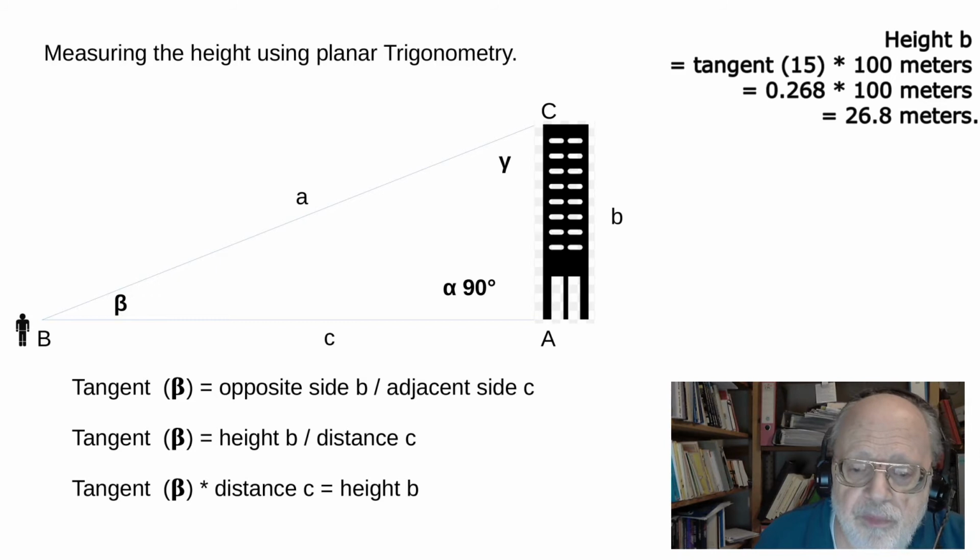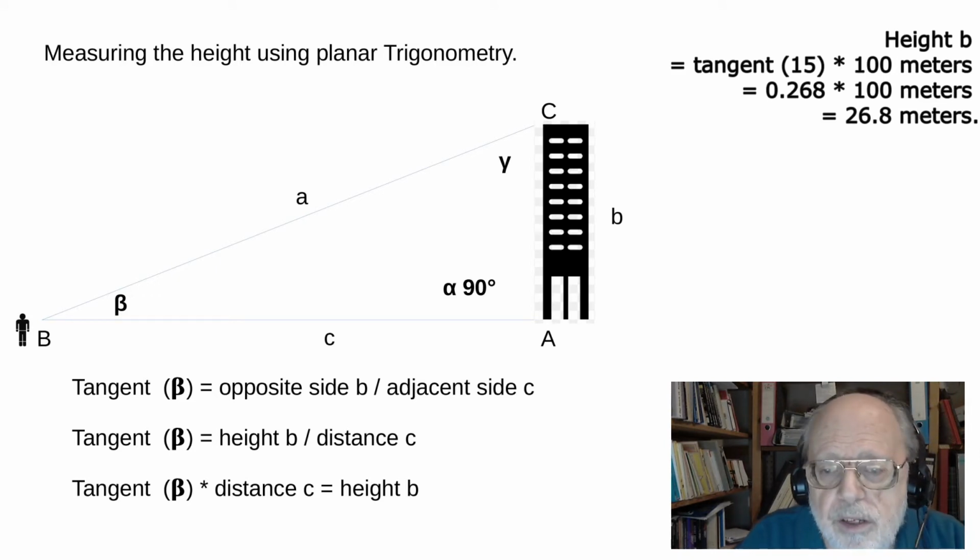For example, if the distance to the house is 100 meters and we see the top of the house at an angle of 15 degrees, then we get height B is tangent of 15 multiplied by 100 meters, or 0.26 multiplied by 100 meters is 26.8 meters.